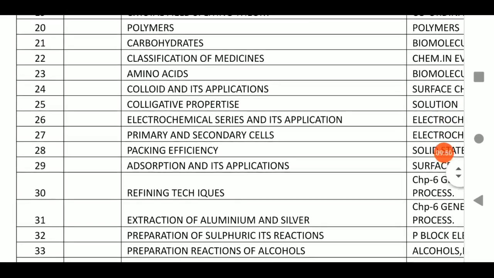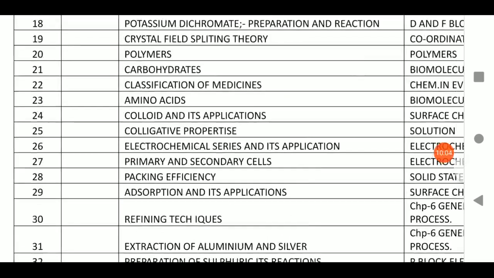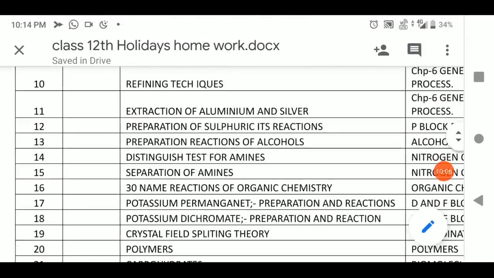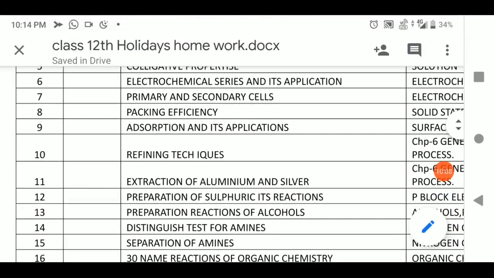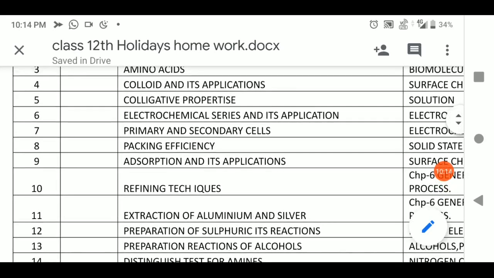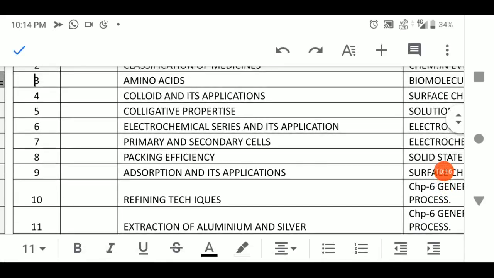22 classification of medicine, 23 amino acid, 24 colloid and its application, 25 colligative property, 26 electrochemical series and its application, 27 primary and secondary cell. I didn't tell you about primary and secondary cell, it means I have skipped it. Yes, roll number 7, student. Who is roll number 7?